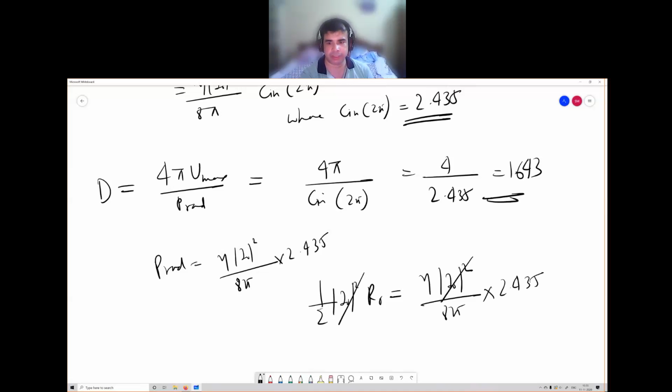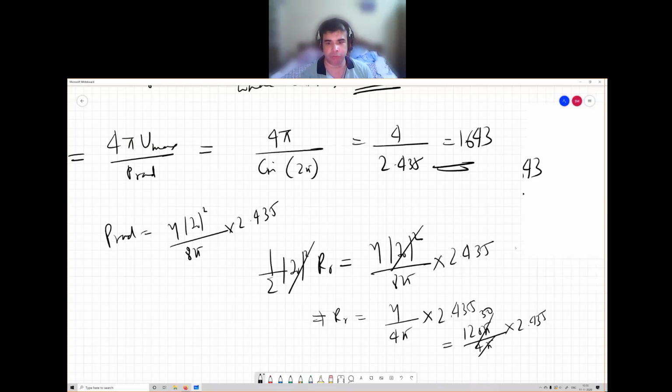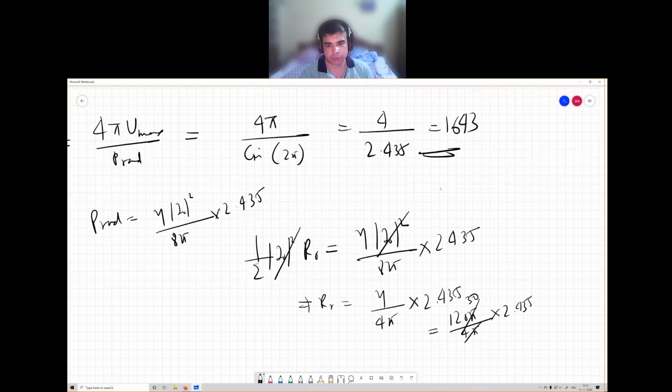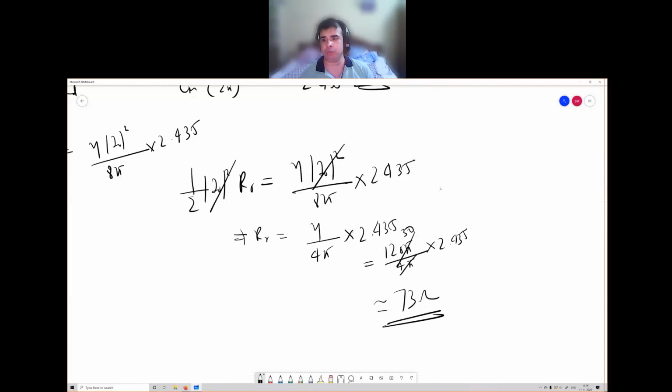I0 square gets cancelled. R_r will be eta by 4 pi into 2.435. Eta is 120 pi for vacuum, so 30 times 2.435. So this is approximately 73 ohms. The radiation resistance of a half-wave dipole is approximately 73 ohms.